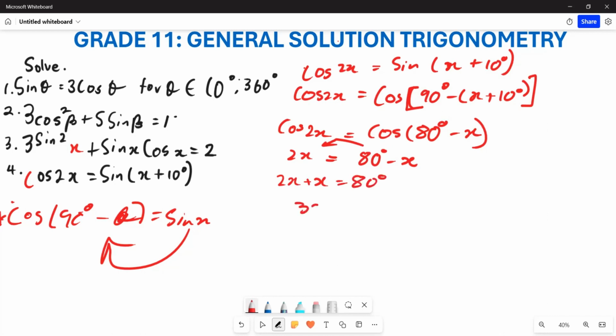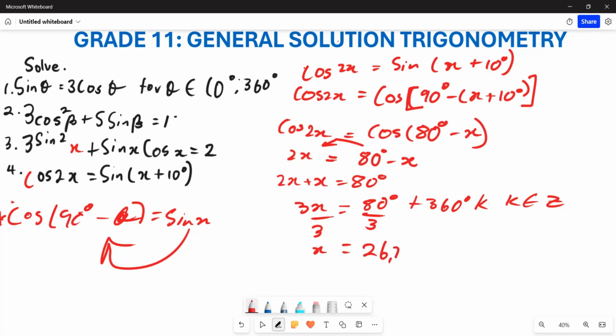This means your 3x here is equal to 80 degrees, plus 360k, where k is an element of the integers. Now from here, you're going to divide by 3 both sides. Can you see that the value of x that you're going to have is 26.7 degrees altogether? Yes. So basically that is going to be that.